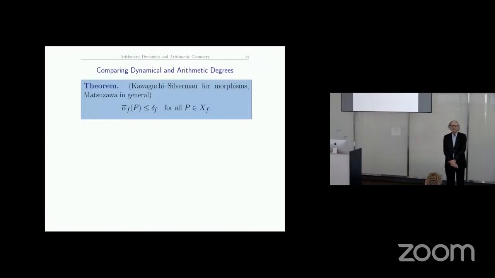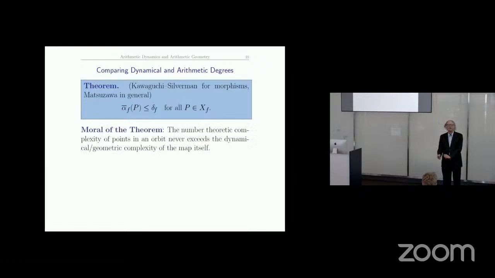So we have these two measures of complexity. If I have a map and I have a point, the map itself has its complexity of its iterates, and then we have the complexity of the points in the orbit. And a theorem that Shu Kawaguchi and I proved for morphisms, those are maps that are defined everywhere, so don't have indeterminacy, and Matsuzawa proved in general, is that the upper arithmetic degree is bounded above by the dynamical degree.